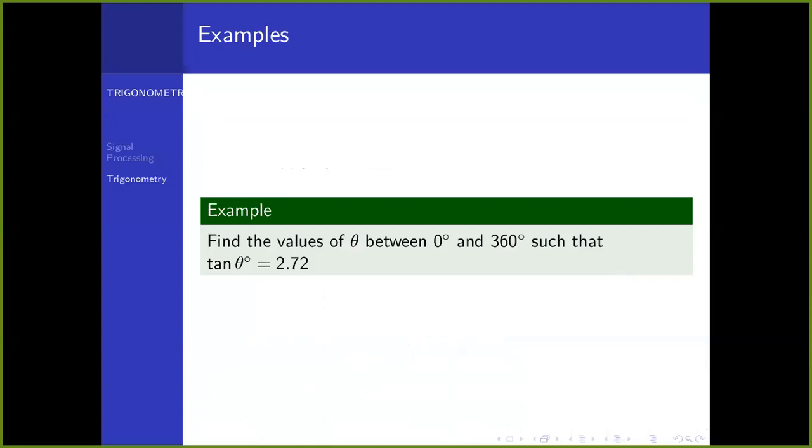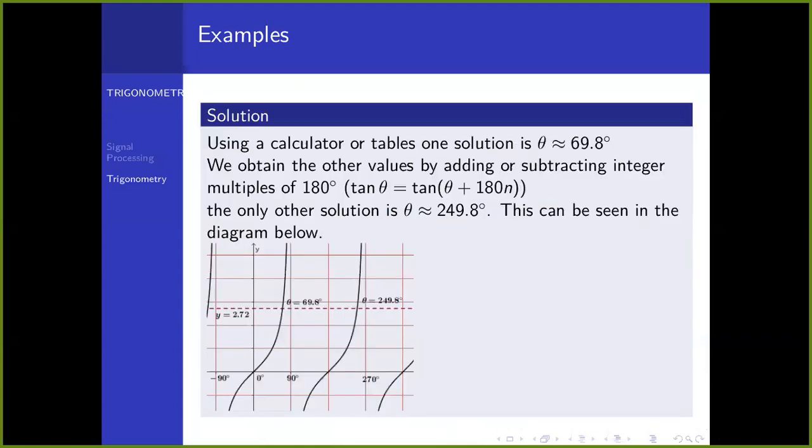Here is another example, for the tangent. Find the values between 0 and 360 such that the tan of theta is 2.72. What we did here is simply draw a line. You can use a calculator, of course, or the tables to find your first value. In this case, we have 69.8 as our first value.